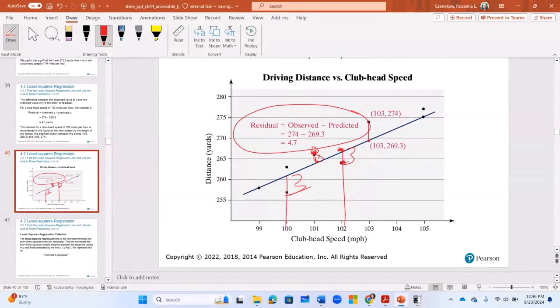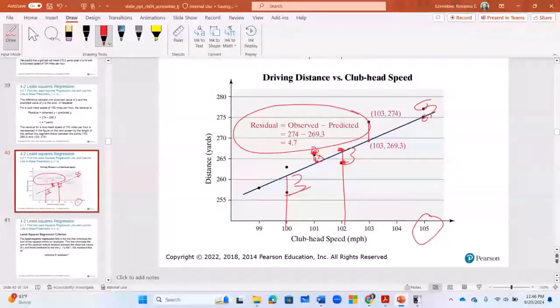Why? Because the observed, the scatter plot, is above the line. Also, when you see 105 above the line, notice that there are two 105s there.